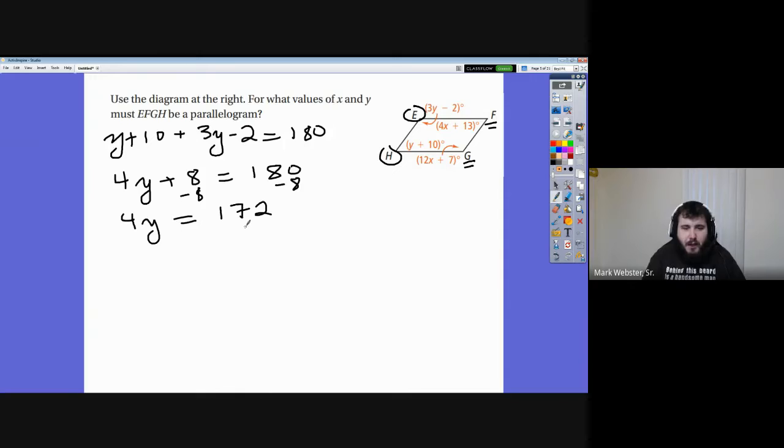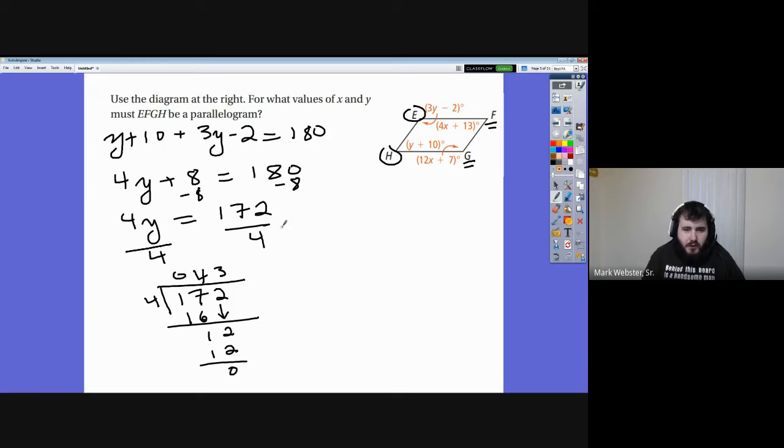And then divide. 172 divided by 4, right? 4 does not go into 1, but it does go into 17 4 times, right? 4 times 4 is 16. Subtract, we get 1. Drop down the 2. 4 goes into 12 3 times. That's 12, right? So here, the value of y is 43.